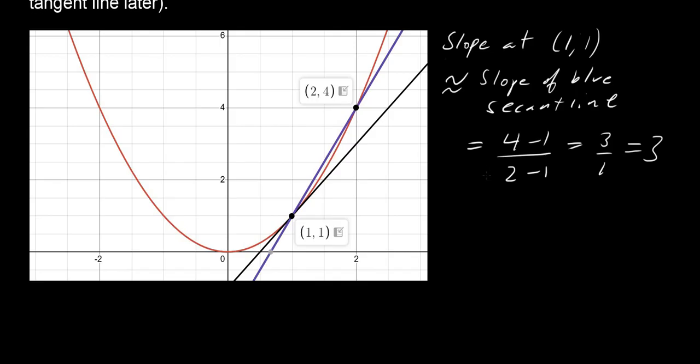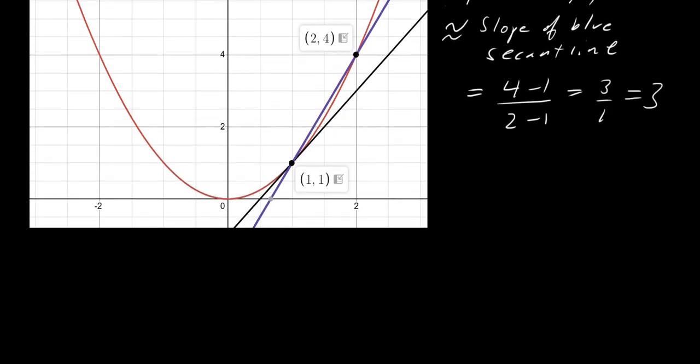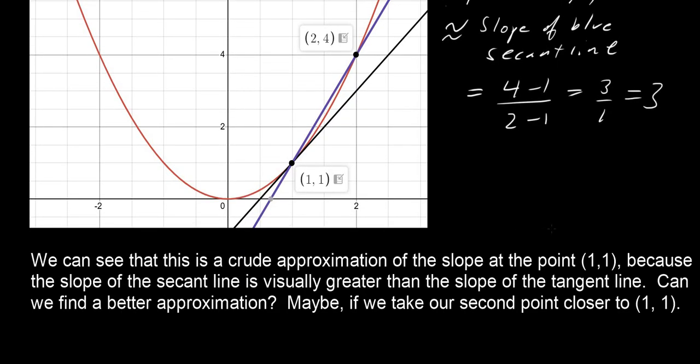That's my estimate, but I know it's off. It's a little bit off because my tangent line, as I can see in this graph, is not as steep. So my estimate's off, and specifically, I know that it's a little too high. Well, can I do better?